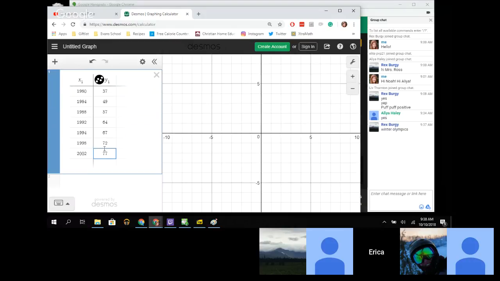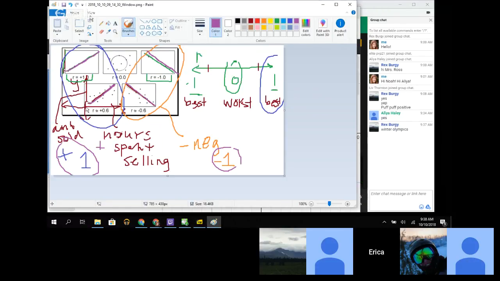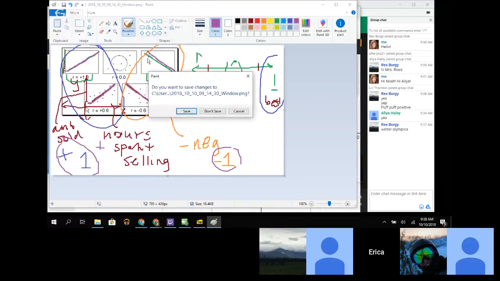All right, so if you wanted to make a list of your X and Y's, this is how you would change a table of data into a list of X and Y. Okay, now if we wanted to draw a scatter plot of this data, we would need to, wow, that looks crazy.